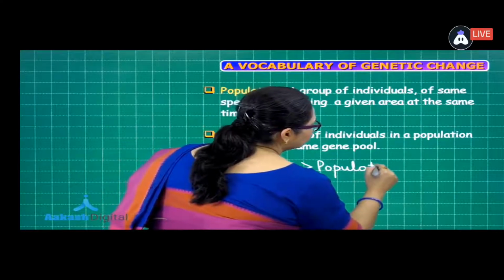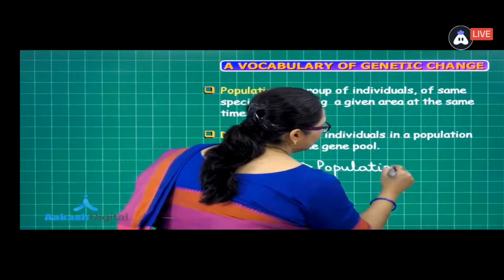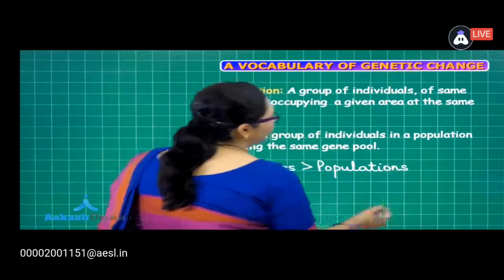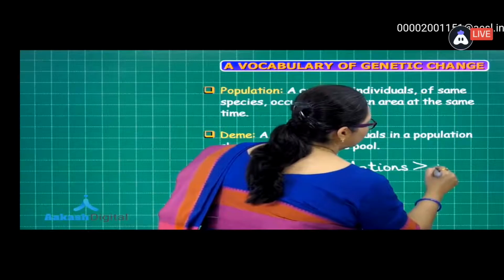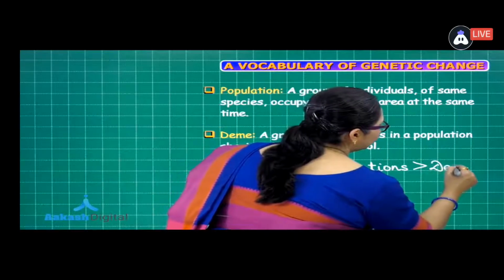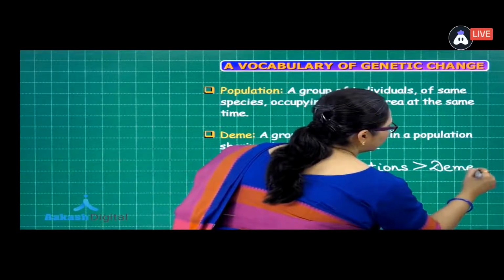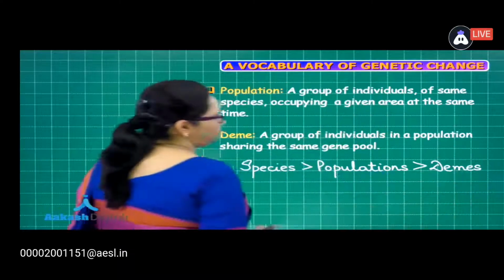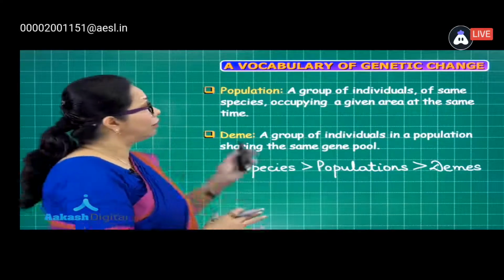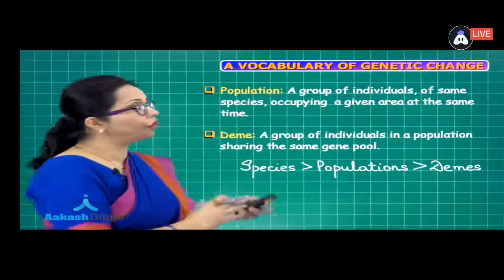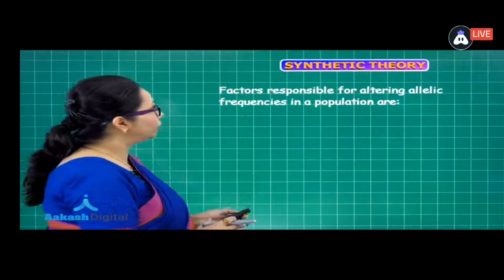So population is a subset of a species, and within each population there can be number of individuals sharing the same gene pool comprising the various genes. So with these terms in order, now we can move on with synthetic theory.